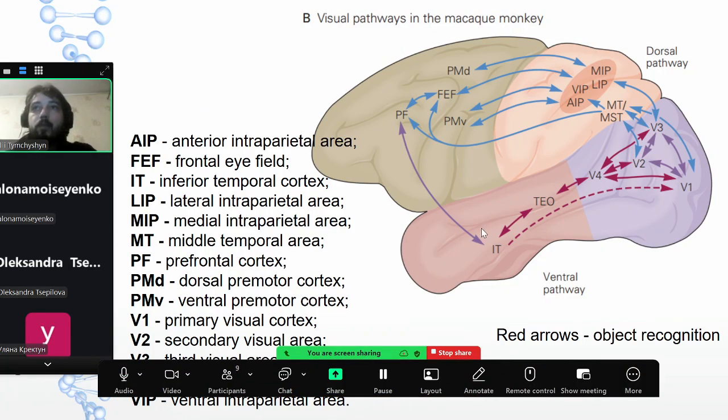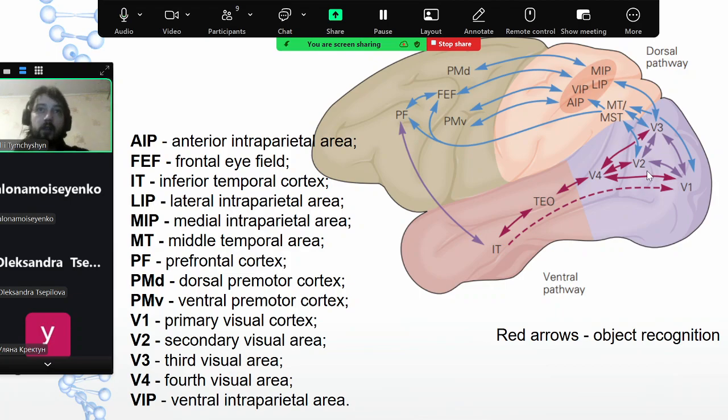Here is a more complex scheme. Whenever information is transferred to V1, where does it go from V1, and what are all the different pathways for processing of the information? I will not go through all these areas.